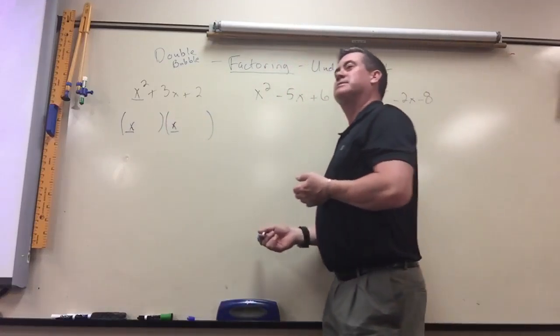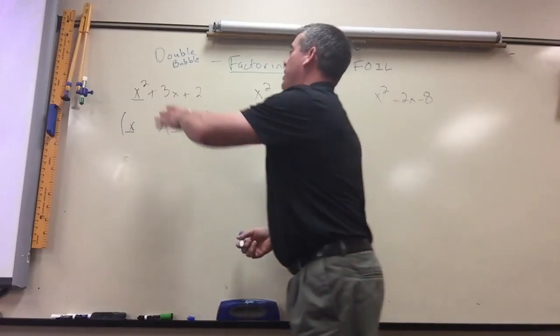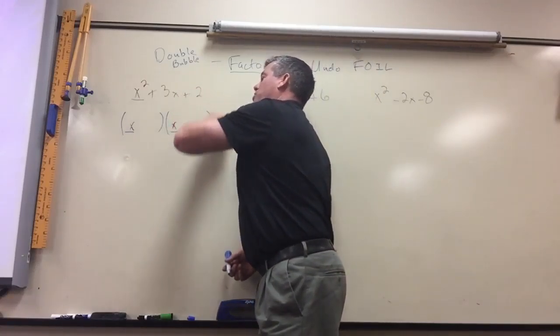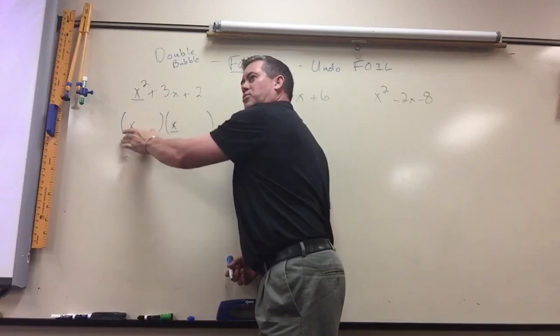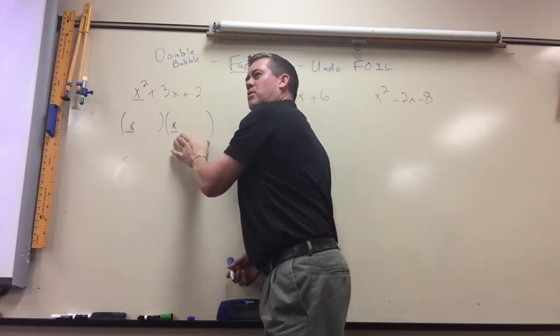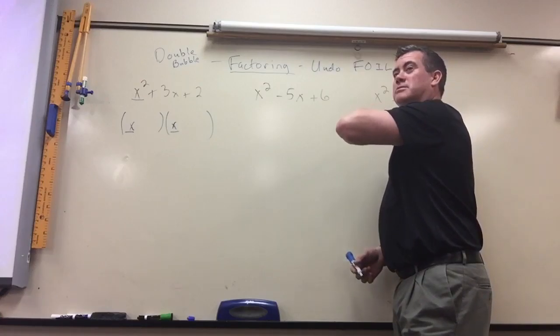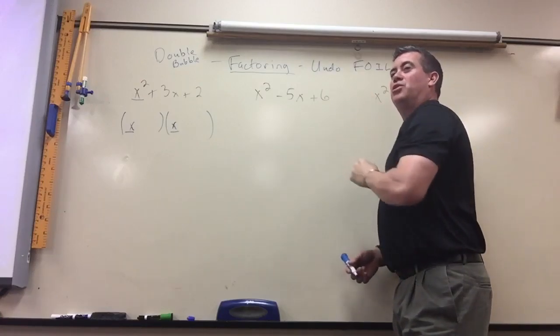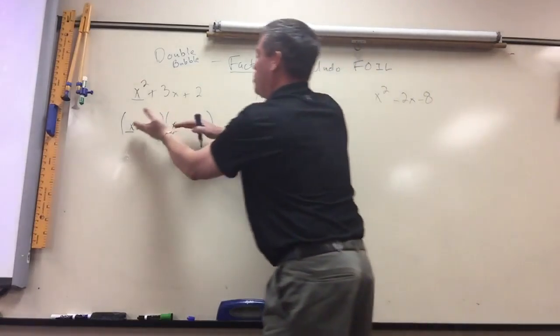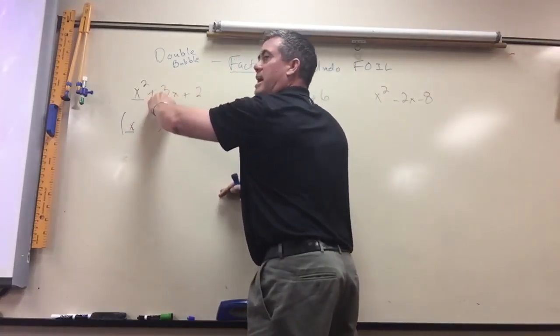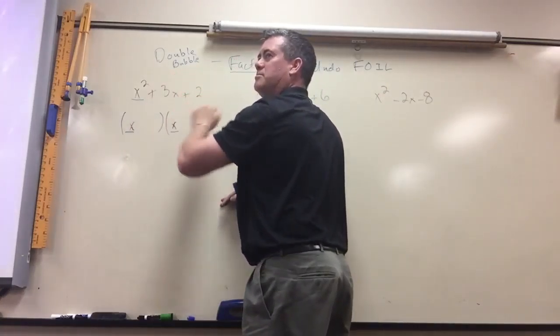How are we undoing FOIL? We have the product here, and now we're turning it into the two things that were multiplied. So we're unfoiling it. This is what it started with, and it turned out to be that. So now we're doing it backwards.